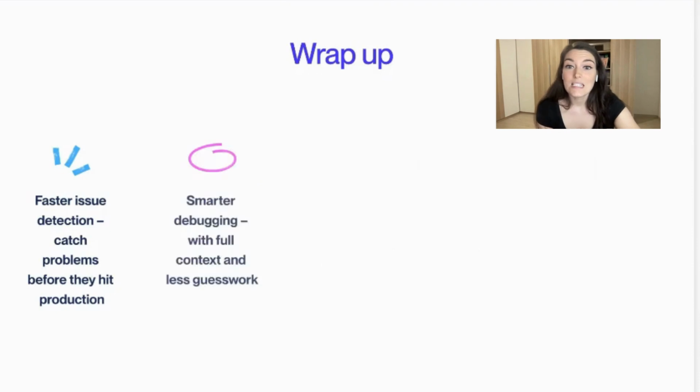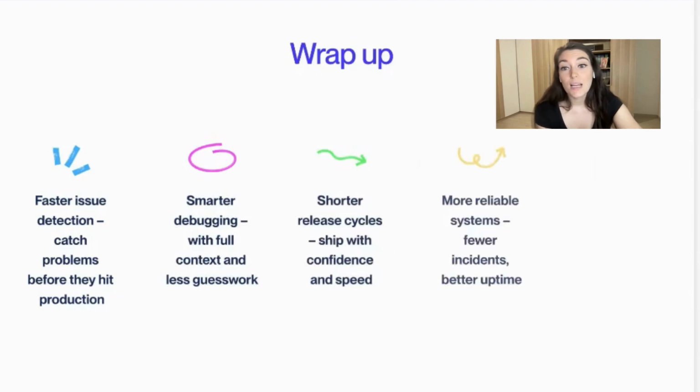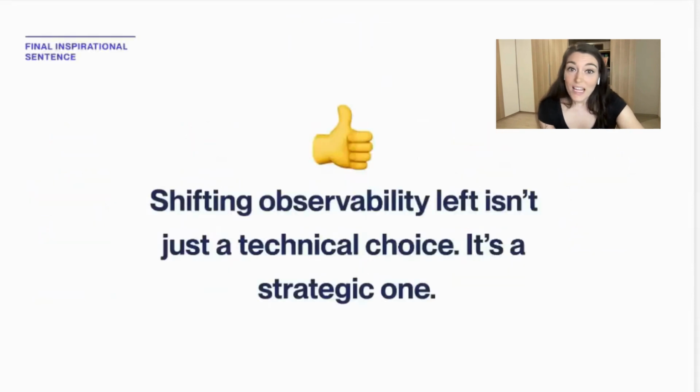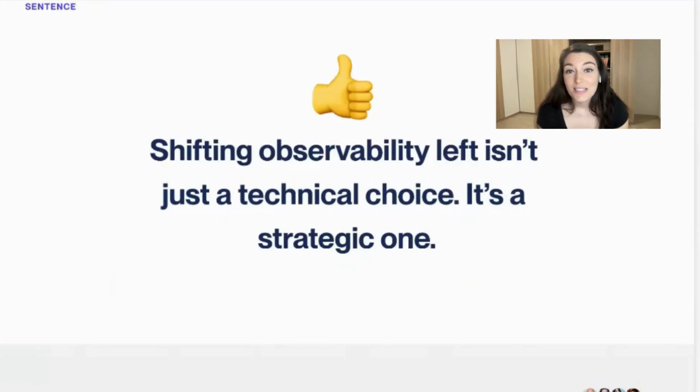It's about understanding system architecture in real time, validating assumptions, and shortening the time between writing code and understanding its impact. Shifting observability left isn't just a technical choice, it's a strategic one. The systems we build today are too complex to fly blind until production, and engineering time is too valuable to be used guessing. Well, thank you so much for listening to me.